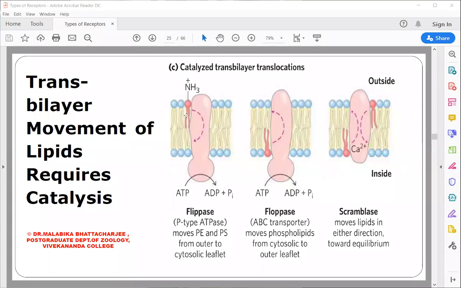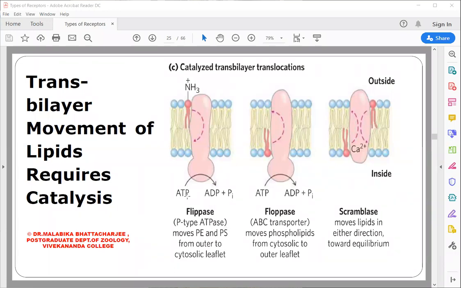So at times it catalyzes the movement of PE, phosphatidylethanolamine, and phosphatidylserine from the outer to the cytosolic leaflet. Let us divide the leaflets. If this is the bilayer, we can say that this layer, which is associated with the outer surface, is the outer layer, and this layer, which is associated with the inner cytoplasmic surface, is the cytosolic leaflet. So flippase is basically an ATPase.